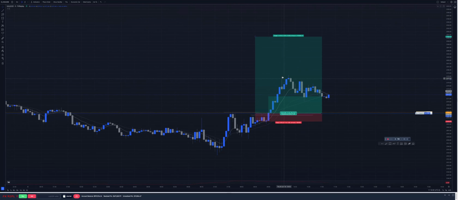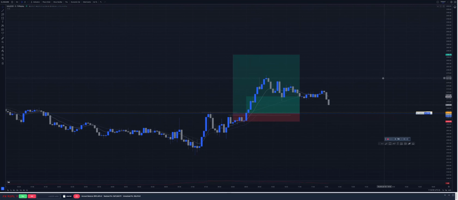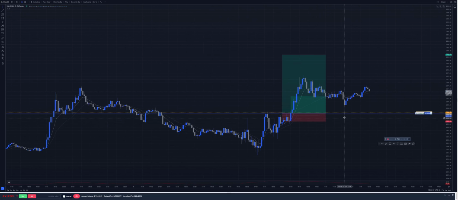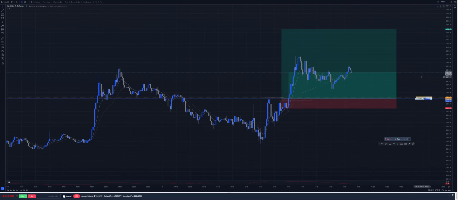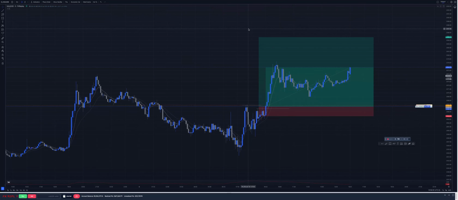It's funny how I can go floating 4R or whatever this might have been, 5R, to 0. It's just the way the game goes. Given my analysis, I'm anticipating this market is going to do something. And if it doesn't, then you kind of deal with it. You can't bitch and moan.